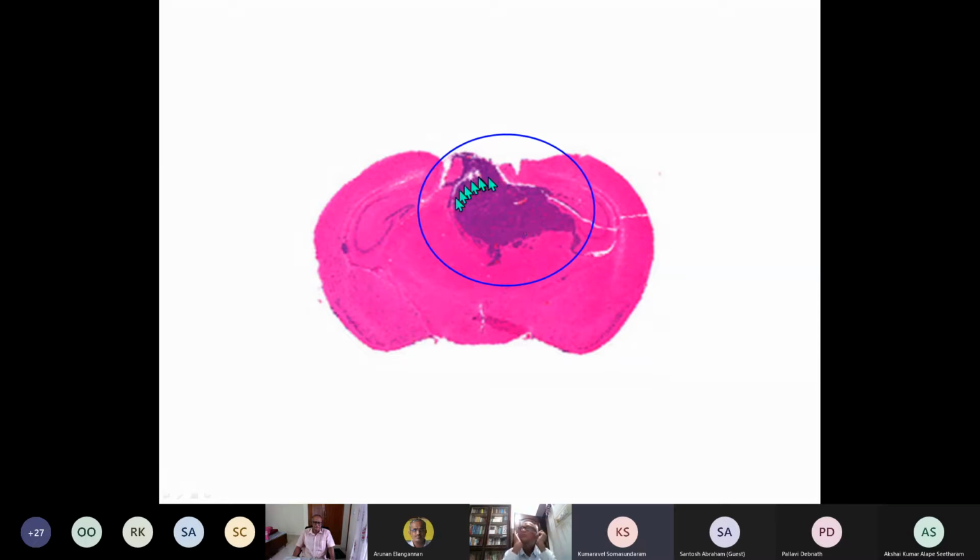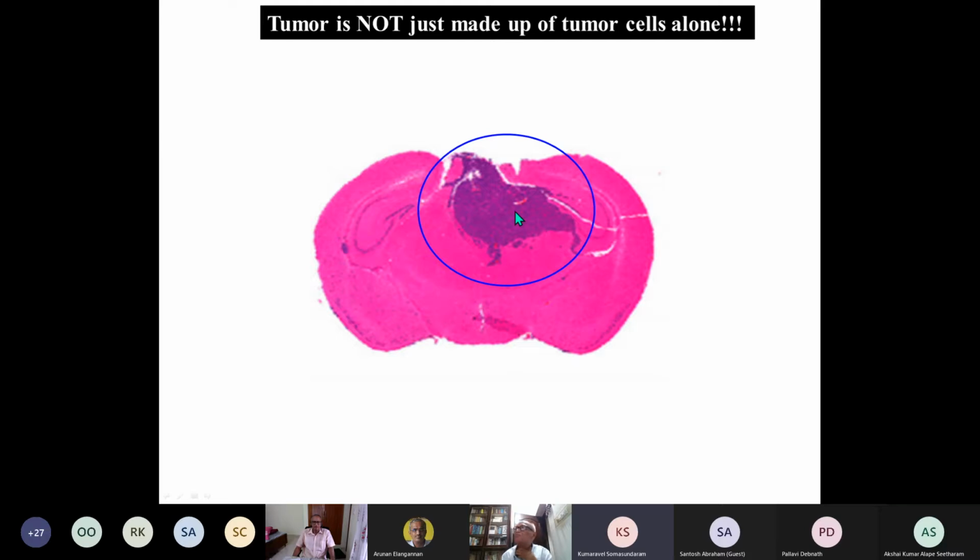If you look at this particular section under the microscope, the tumor is made up of tumor cells, but not just only tumor cells. There are many other cell types there. But in the cell line model, we are using only the tumor cells for our study. But the tumor is not made up of only tumor cells. So what is it then made up of?